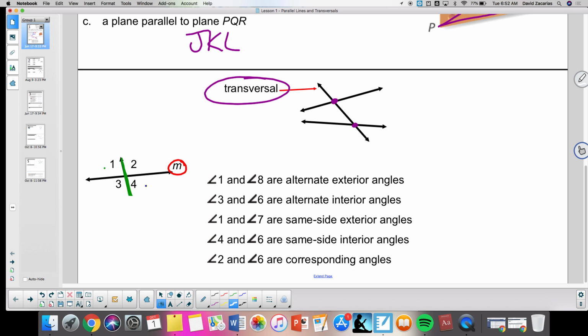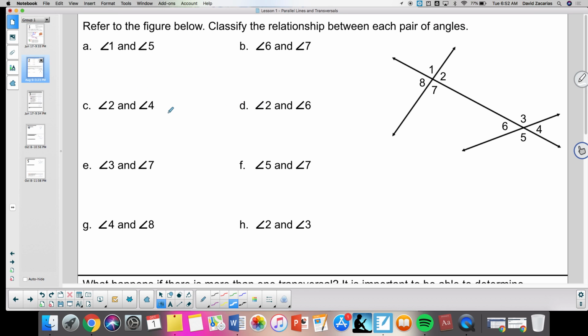So they're in the same position as each other, just on different lines. And again, the easiest way to tell is they are on the same side of the transversal, but one's exterior, one's interior. All right, so now let's go ahead and just get some practice with classifying these.